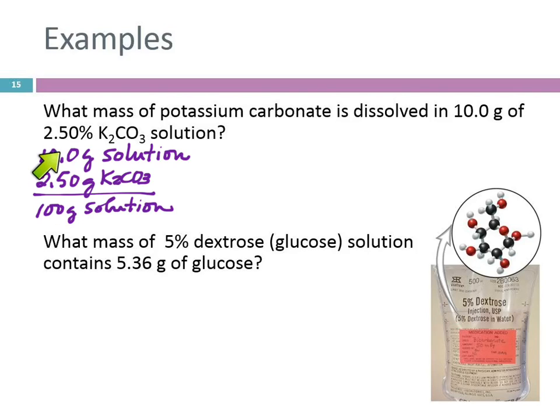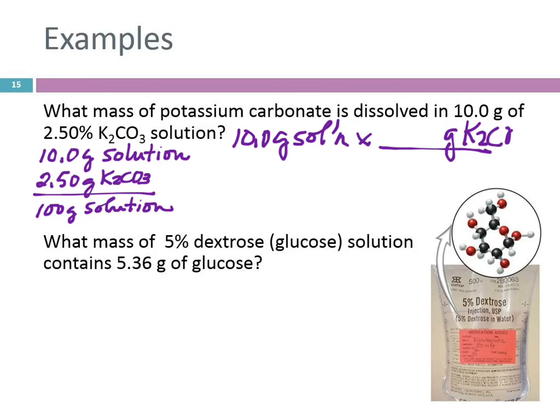Let's start with this one and see if we can get to the other one, what we're asked for. So 10 grams of solution times something. We want grams of K2CO3 on top, and so we'll put grams of solution on the bottom. So those units cancel out.